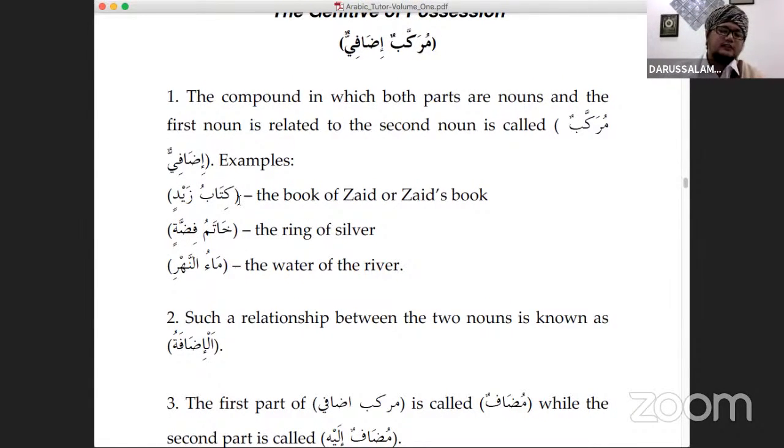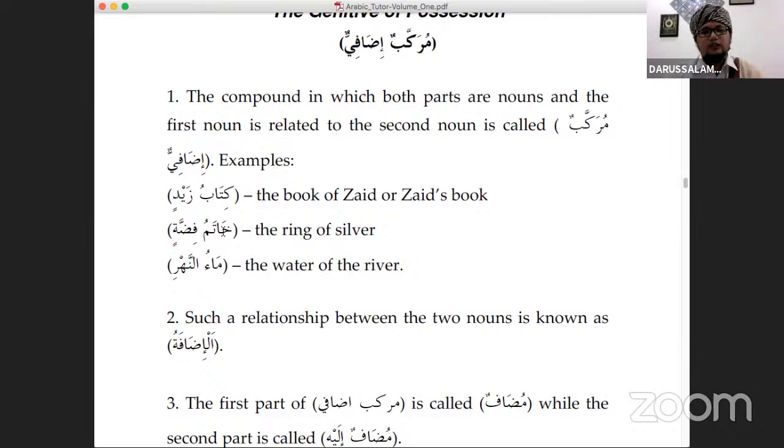And the translation for this in English: Kitabu Zaidin, Kitab, the book, and then you have to put an extra word in the middle, the book of Zaid.